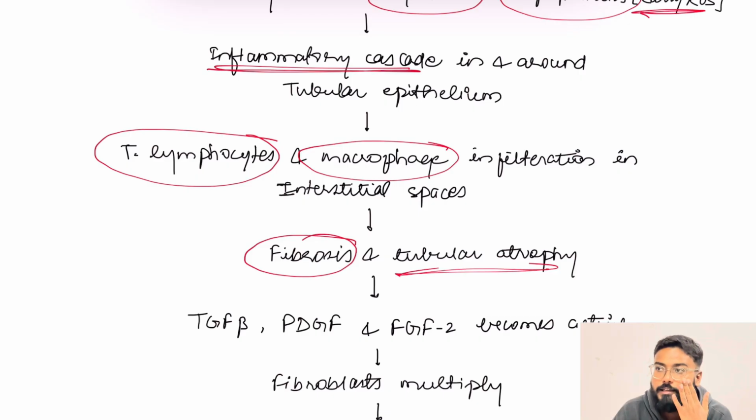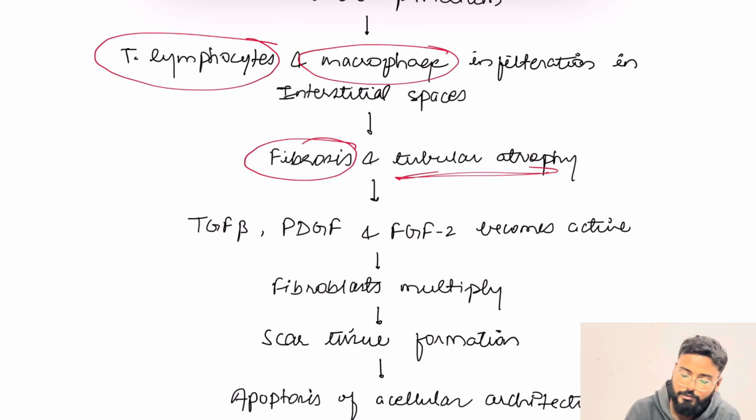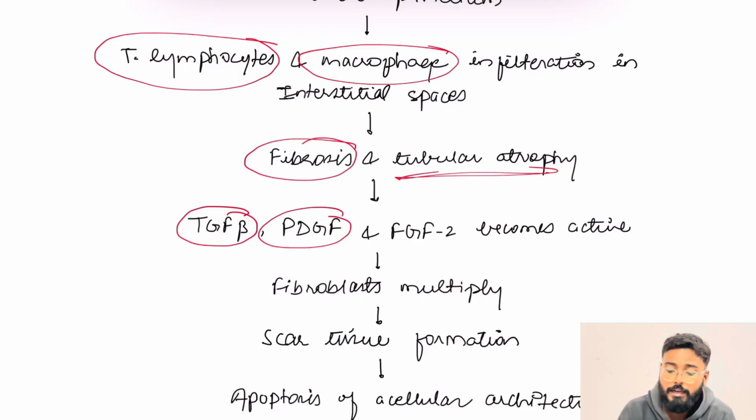See, whenever there is inflammation, there is going to be atrophy. The tubules are going to lose their function. They are going to get reduced in size. Their function is going to get reduced, and also there will be fibrosis. And this fibrosis will incorporate TGF beta, platelet derived growth factor, and fibroblast growth factor 2. These become active.